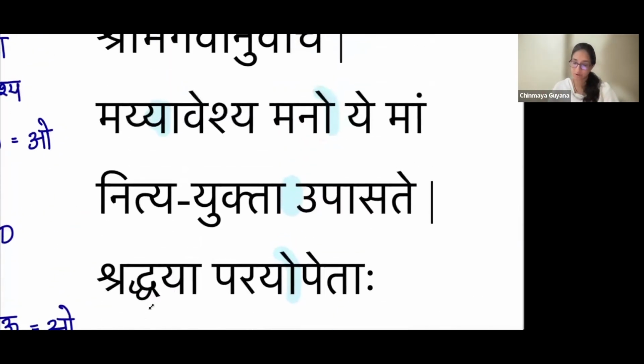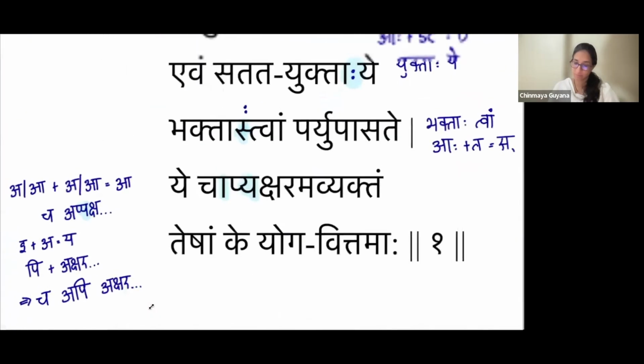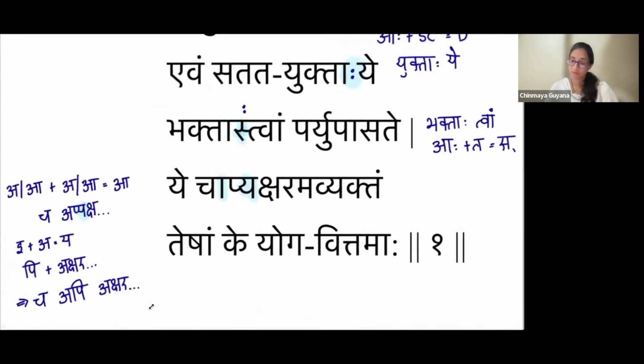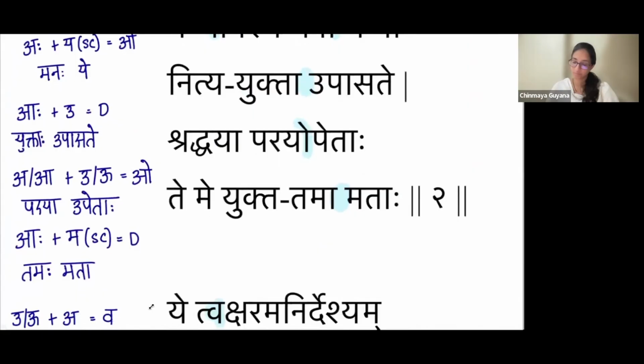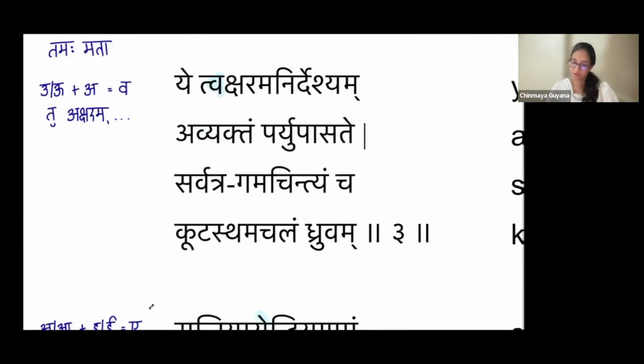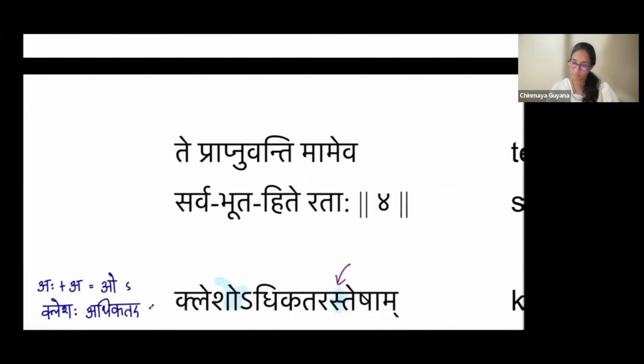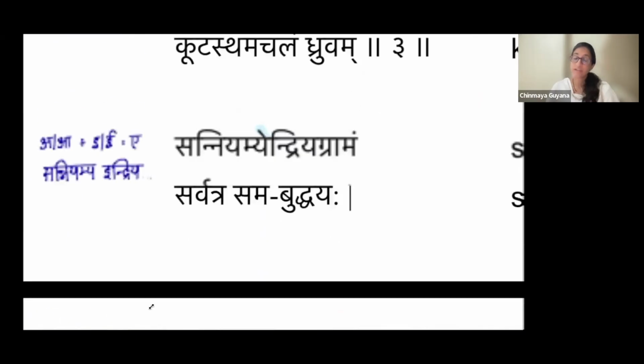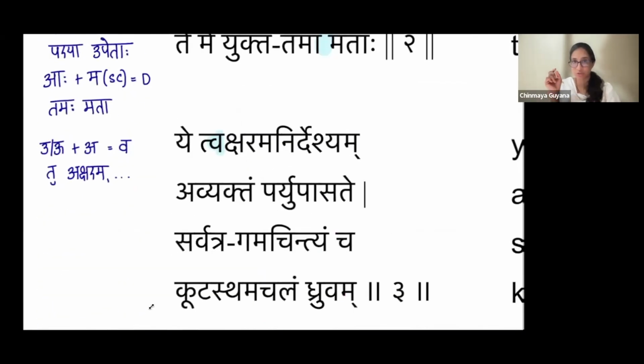Let me find where there is a visarga in the middle. I'm not finding any. You'll say it with a very small sound when you're chanting, right? So there is a difference between visarga being there and not being there, even in the chanting.